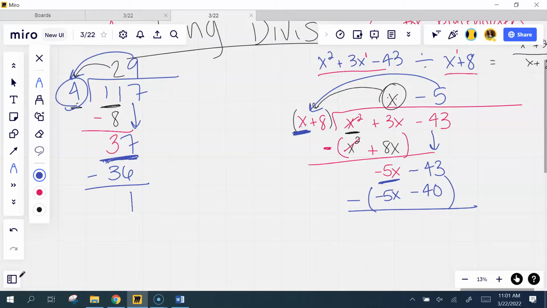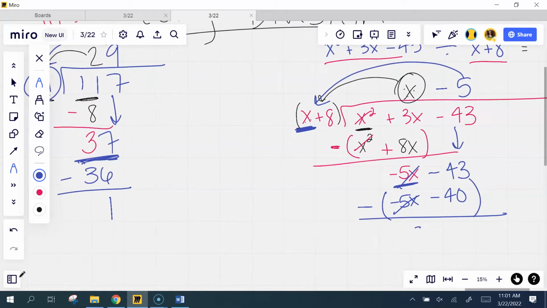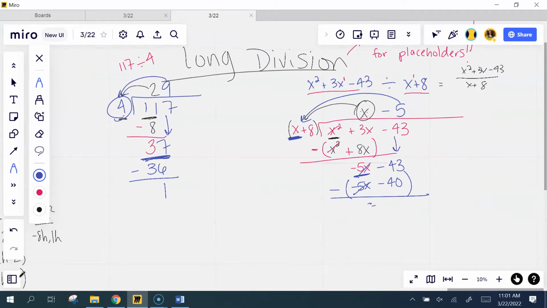So it's negative 5x minus negative 5x, 0. Negative 43 minus negative 40, negative 3. Whoa, didn't mean to do that. Now, there's nothing I can multiply x by to get 3. There's nothing I can multiply 4 by to get 1.